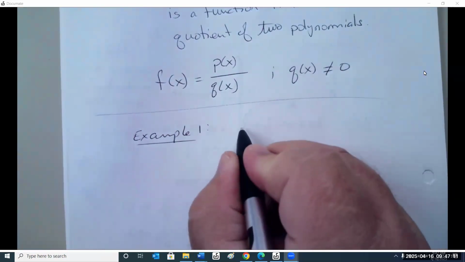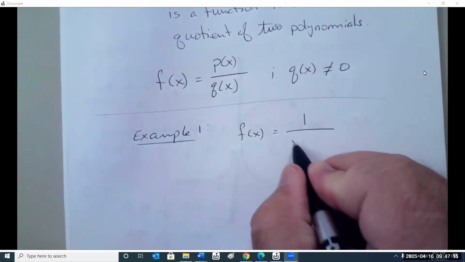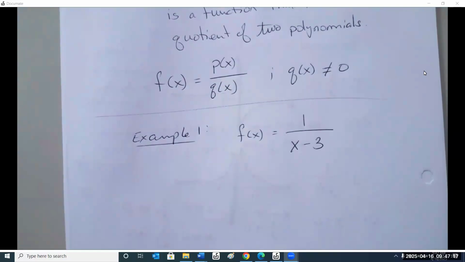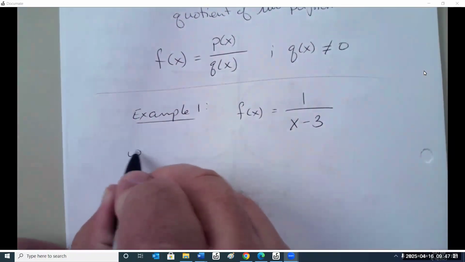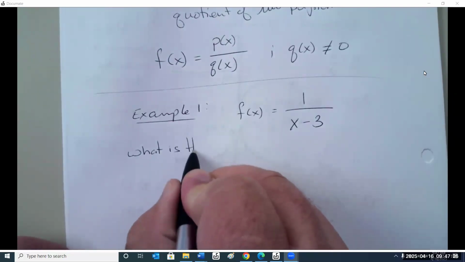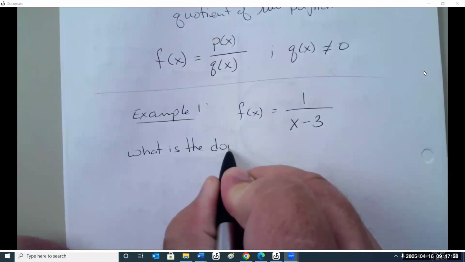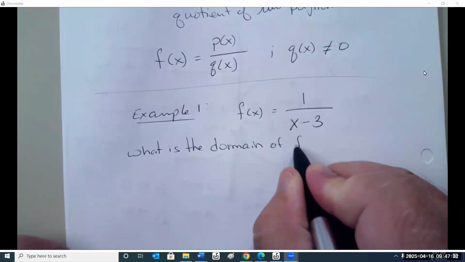Here's a flash from the past. What is the domain of f of x?